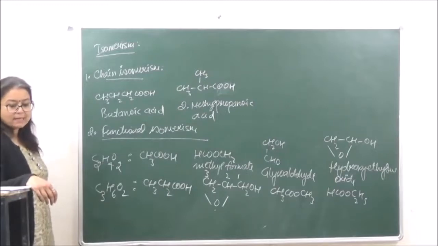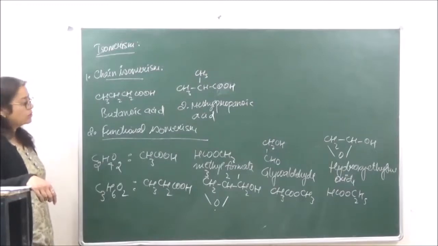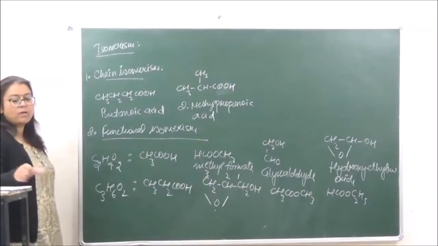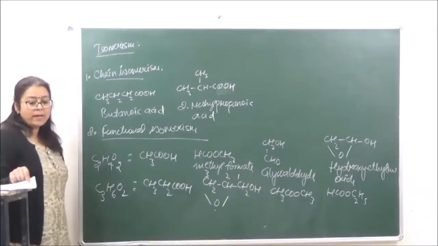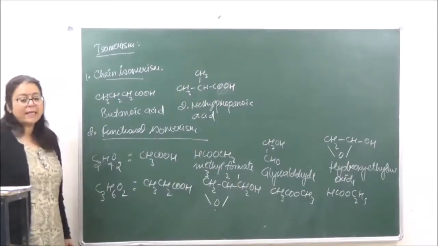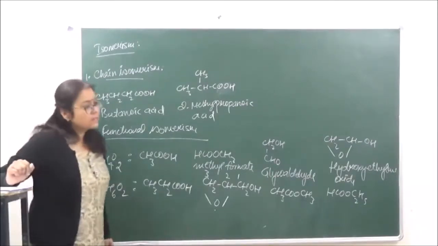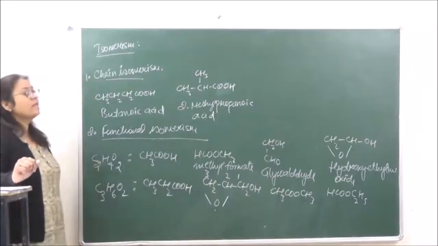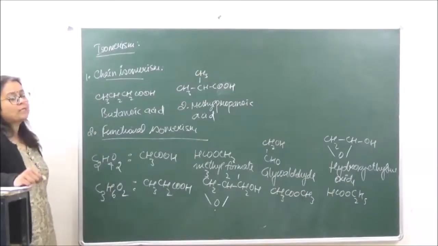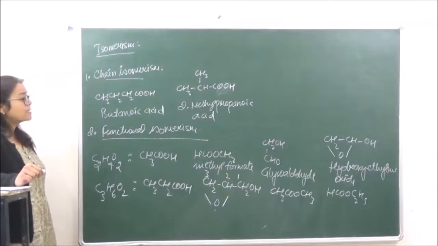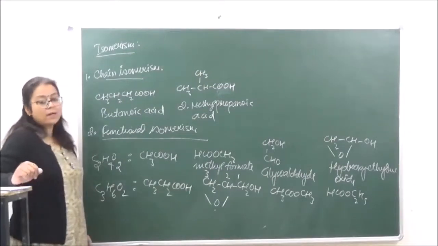So these are some of the functional isomers of C3H6O2. Now, for functional isomers, the rest of the compounds we have done, alcohols and ethers, did not have as many functional isomers as carboxylic acids have. They have the maximum number of functional isomers which can be formed from one particular compound.